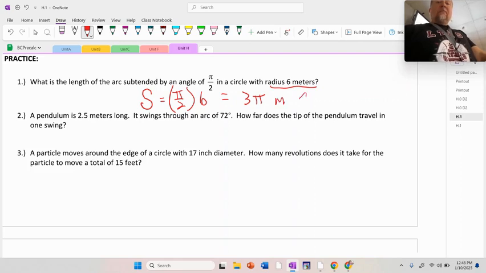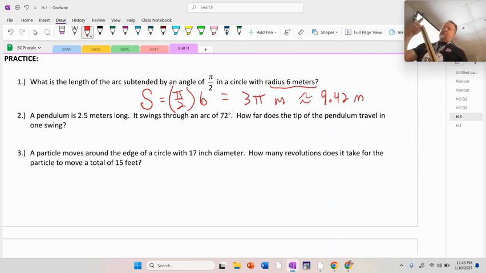What does that even mean? Well, go ahead and hit 3 times pi. Do it real quick on your calculator. And then I'm going to hold up a yardstick, which is close to a meter stick. 9.42 approximately meters. This is a yardstick, which is apparently a bit off of a meter.